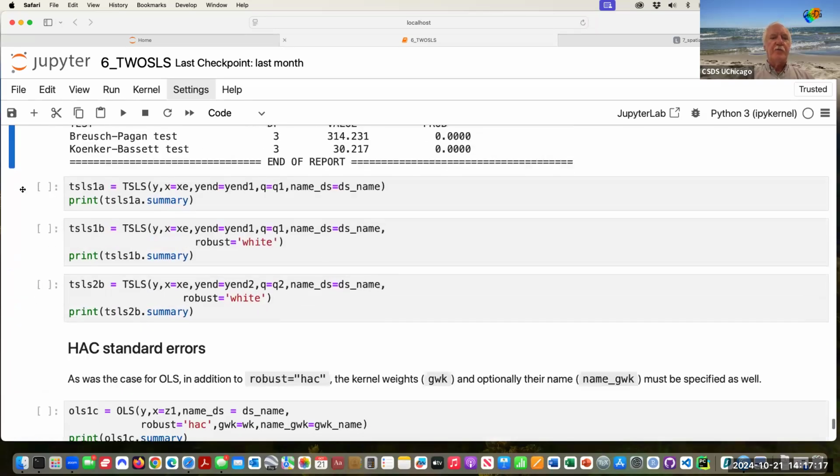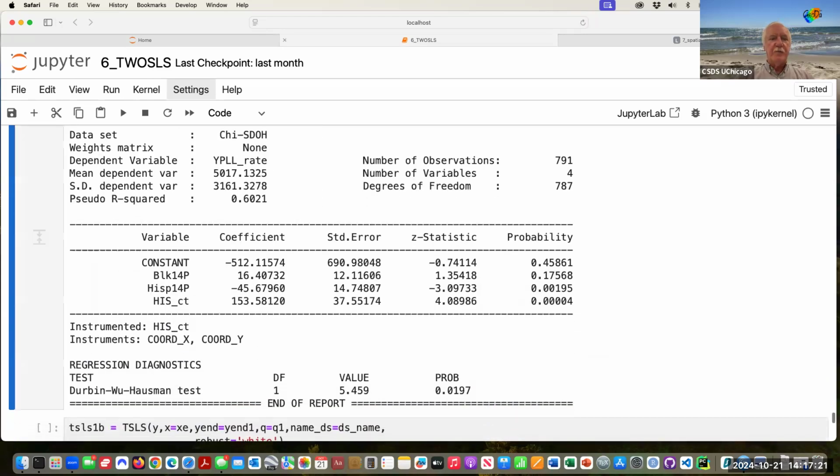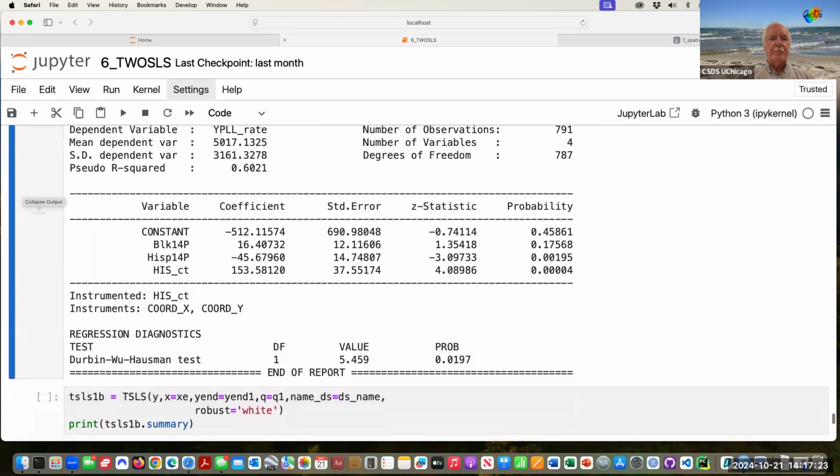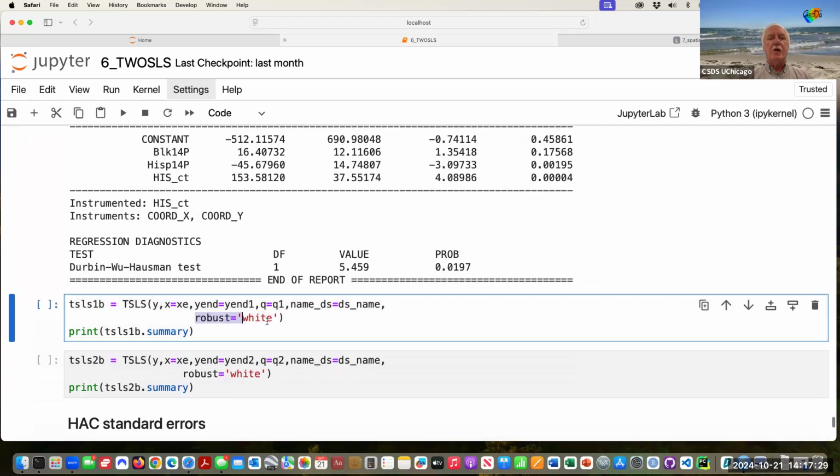So again, for reference, I have the two-stage least squares regression here with the standard errors. And now I'm going to say robust. It's all the same stuff. So y, x, yend and q must be specified for two-stage least squares.